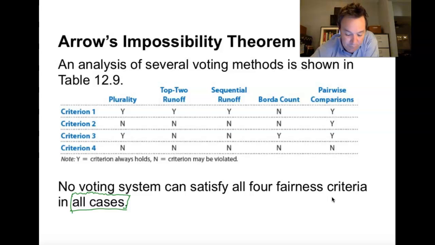So like the plurality method will satisfy the majority criterion all the time. It will also satisfy the monotonicity criterion all the time, but it will not satisfy criterion 2, the pairwise comparisons, at all times, and it won't necessarily satisfy criterion 4, the irrelevant alternatives criterion, at all times.